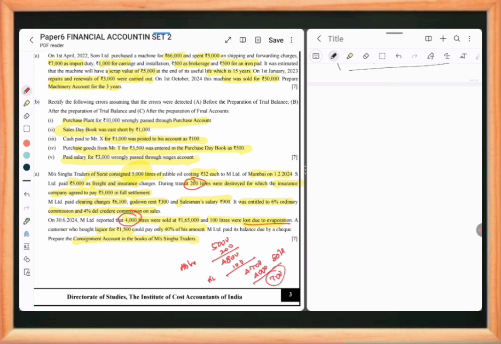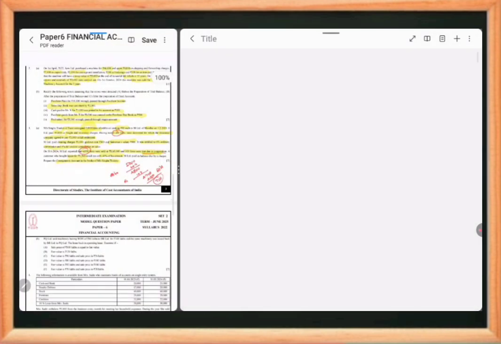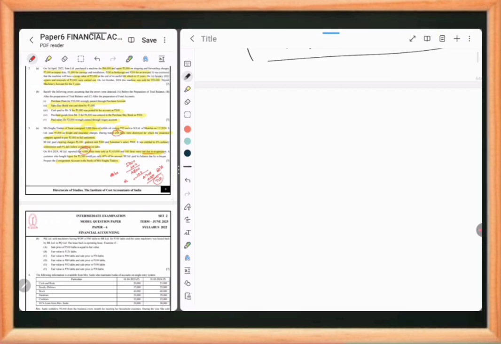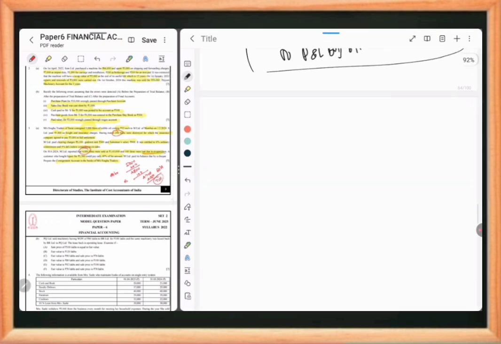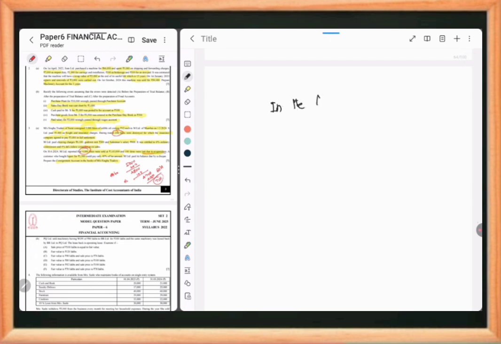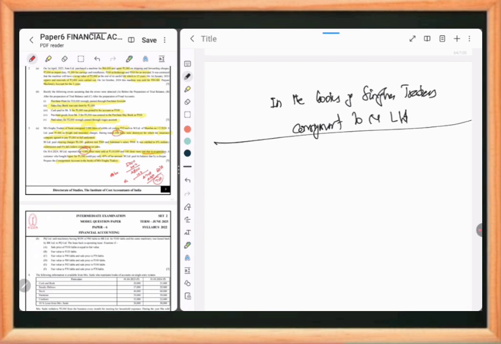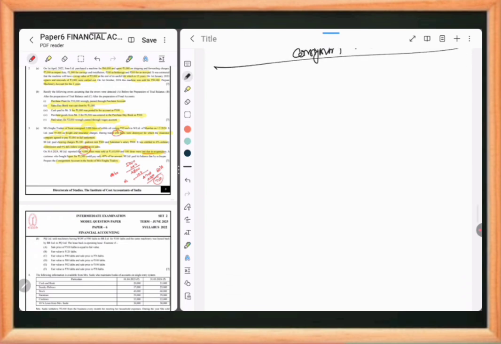We have to calculate the value of closing stock, the consignment stock. So let's prepare here. First, in the books of Singha Traders, consignment to M Limited. Roughly I am writing.